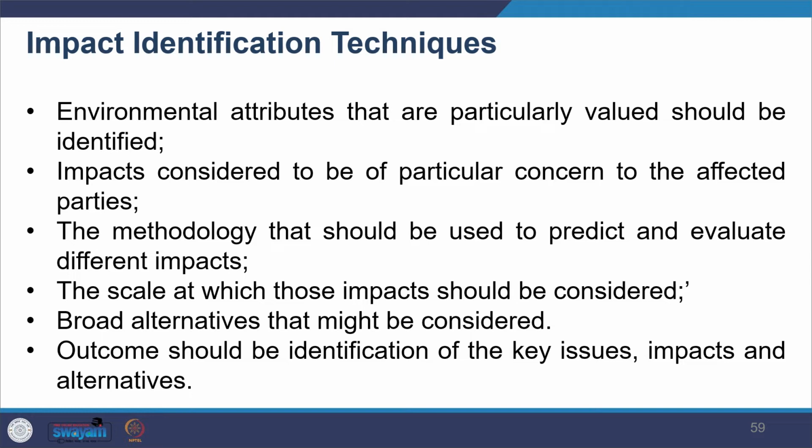So you need to have explanation for those decisions you make. And you also need to give justification for the key impacts which you have identified, and then justification for what time period you will take, what spatial boundaries you will take. So all these will be identified at this stage.